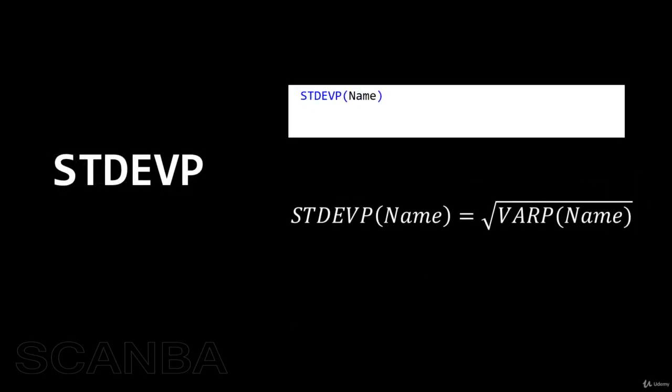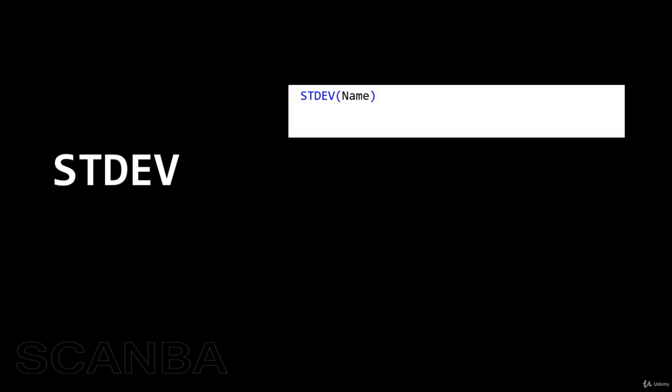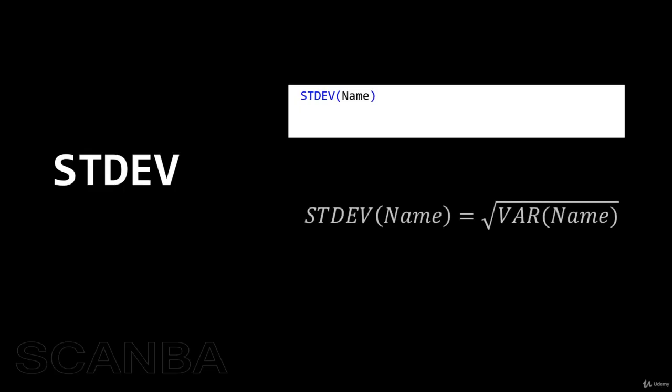Similar notations are true for standard deviation functions in SQL. Standard deviation is a more commonly used statistic for understanding the distribution of data. Function stdevp returns standard deviation of your data, while stdev function returns an estimator of the standard deviation of the data you could have if you continued to collect it.